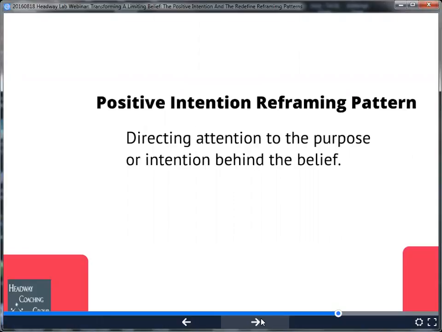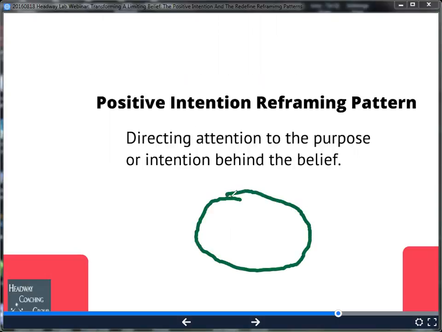Does it make sense, guys, what positive intention is and why it's called positive intention? It's almost like the Chinese yin yang. Let me just draw it. It doesn't look like a circle, but this could be black and another could be white.